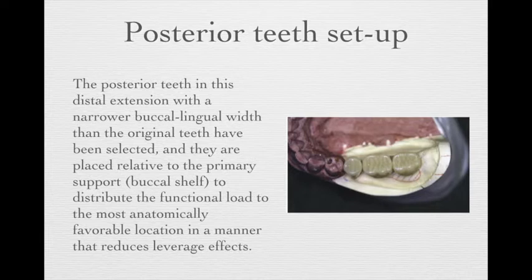You can see in these pictures that we select a narrower buccolingual width of denture teeth to set up over the denture area. Also, we might want to use a buccal shape to create the most posterior stress support.